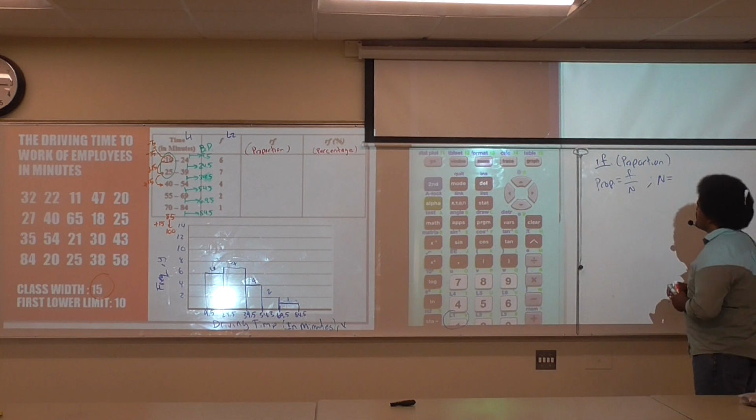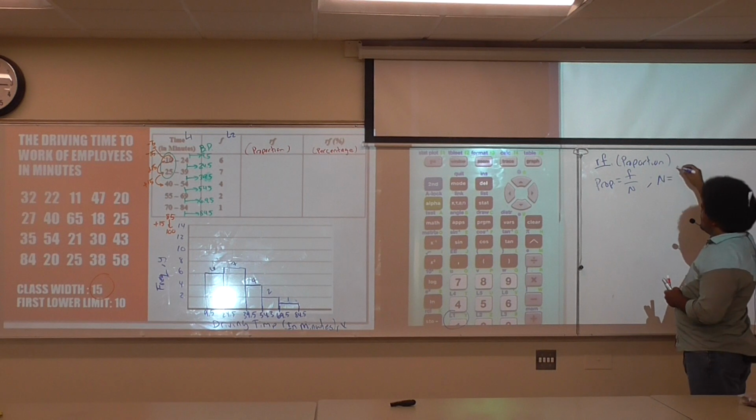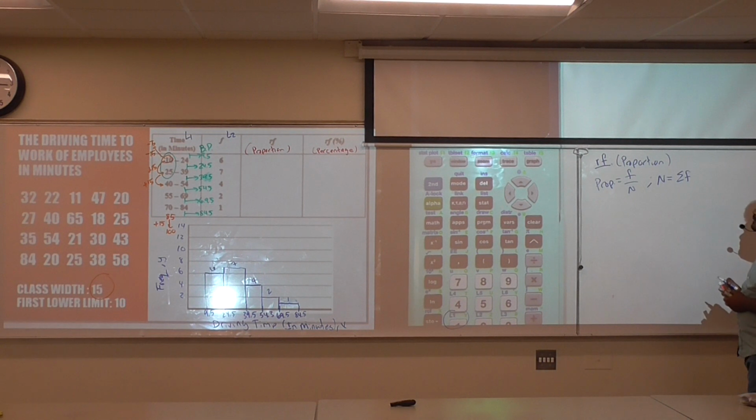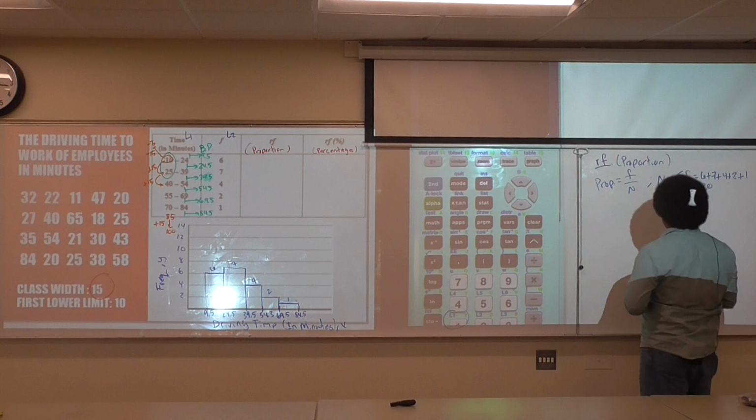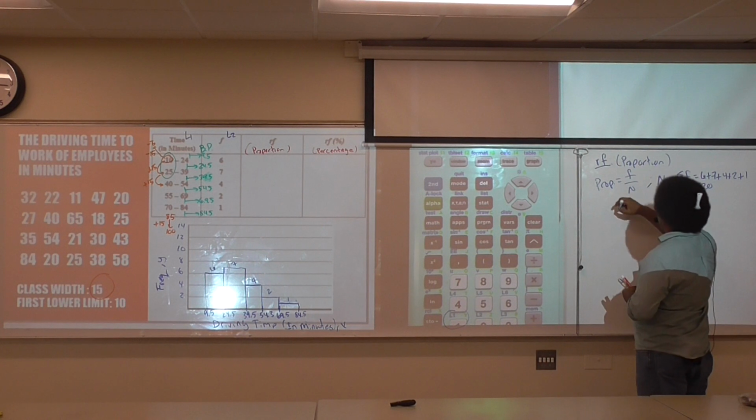We look at the sum of all the frequencies in the frequency distribution table. So when we sum them all up, we have 6 plus 7 plus 4 plus 2 plus 1, and that should equal 20. Okay? So that's what's happening for the proportions.